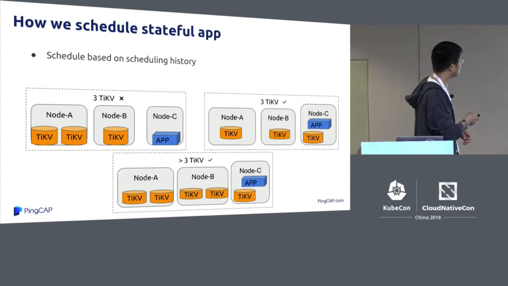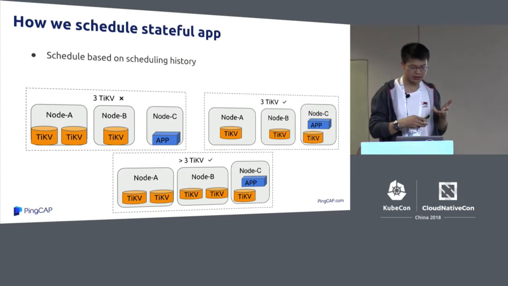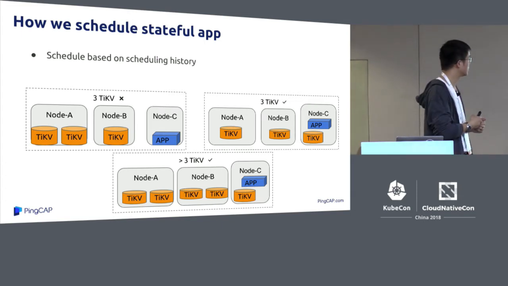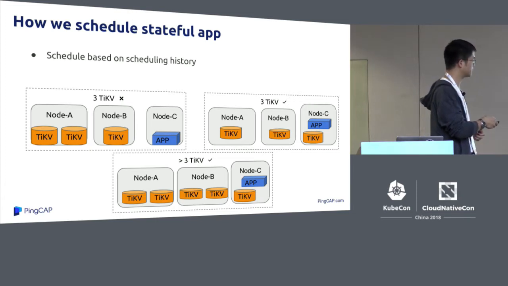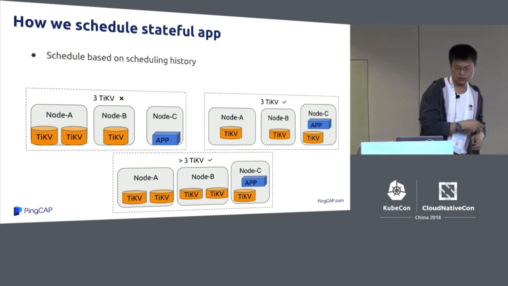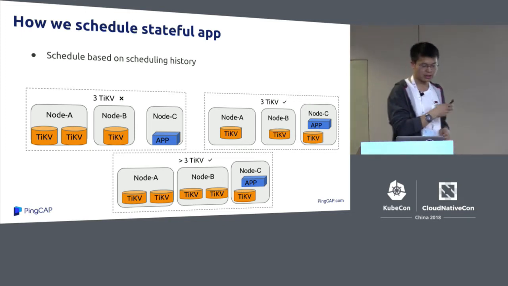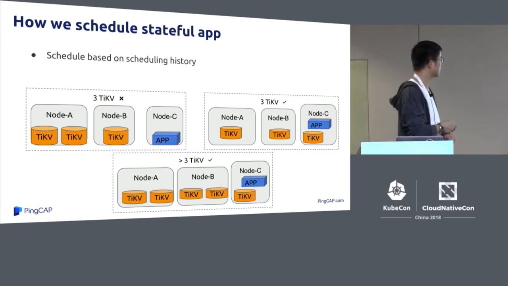So this is based on our scheduling history. When we deploy the first 3 TiDBs, we must make sure that each TiDB is only deployed on a node that doesn't have the same cluster's TiDB on it.